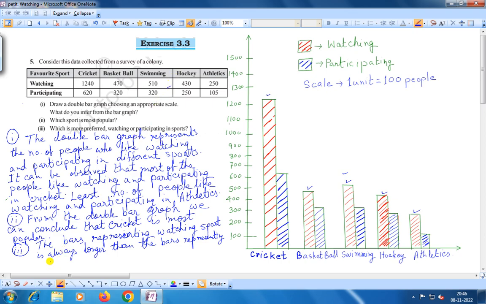All the bars in red are always longer than the bars representing participating. That means watching is much more preferred than participating in sports.